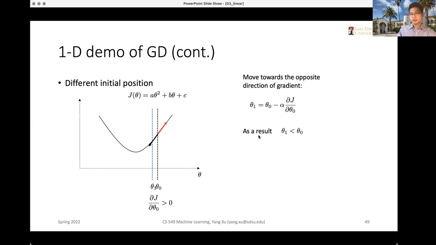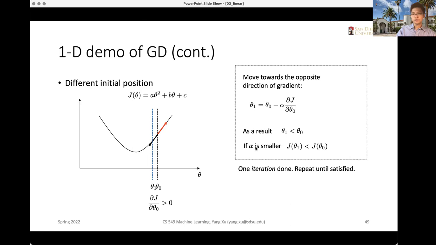We can see the results: theta 1 is smaller than theta 0. So if alpha is small enough, then J of theta 1 should be smaller than J of theta 0, right? Similarly, we will repeat this process until we're happy with the results.